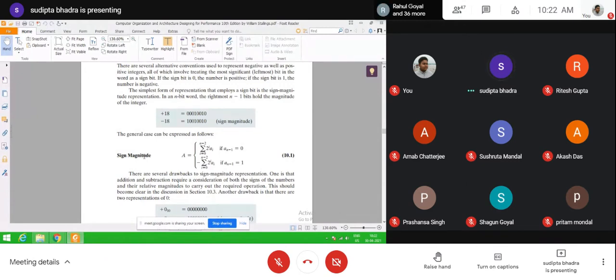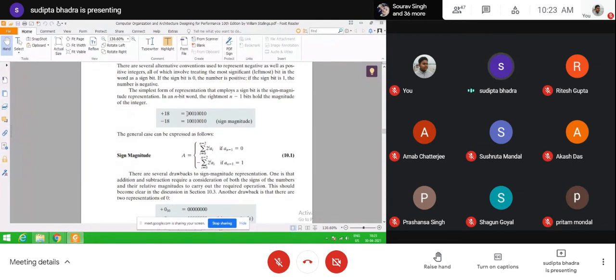Signed magnitude means the first bit will be used for sign and the rest of the bits will be used for magnitude. Say, for example, plus 18. The convention is that in the case of 8 bits, the A7 bit, the (n minus 1)th bit, is used for sign.